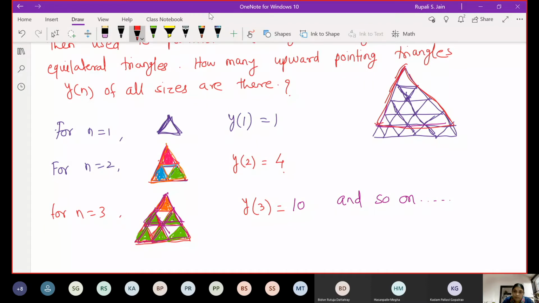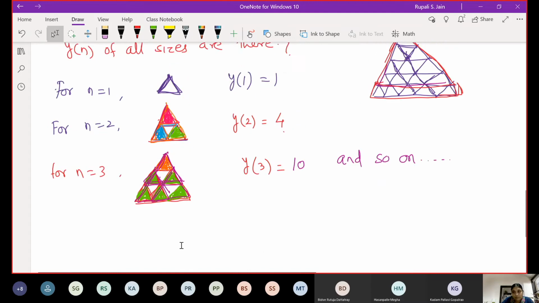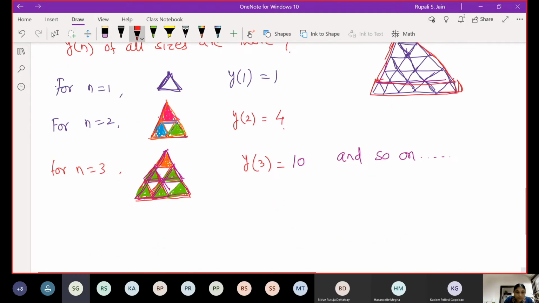And what will be y at n plus 1? I have to add this also, then. For y at n, I have to add below this also. These are all triangles too. So how many are we getting exactly? What is happening here? y at n plus 1 is equal to how many? What is the relation between y at n plus 1 and y at n?